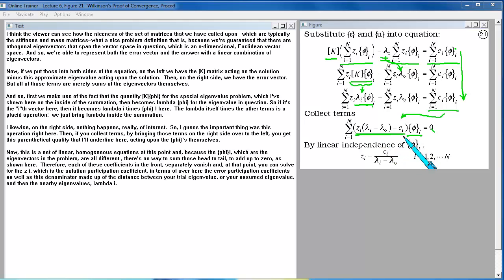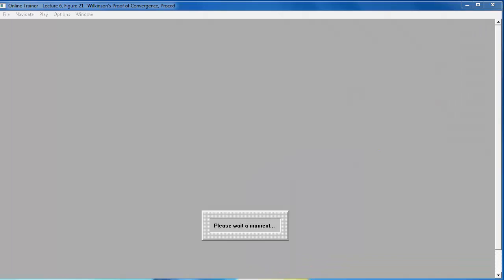And at that point, you can solve for the z sub i, which is the solution participation coefficients, in terms of, over here, the error participation coefficients, as well as this denominator made up of the distance between your trial eigenvalue or your assumed eigenvalue and then the nearby eigenvalues lambda sub i.